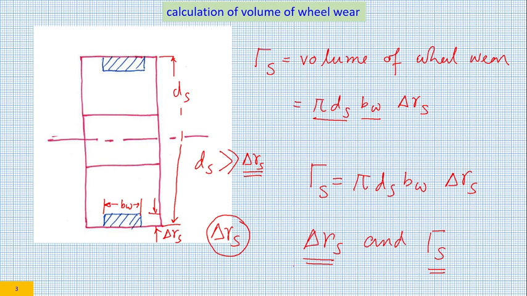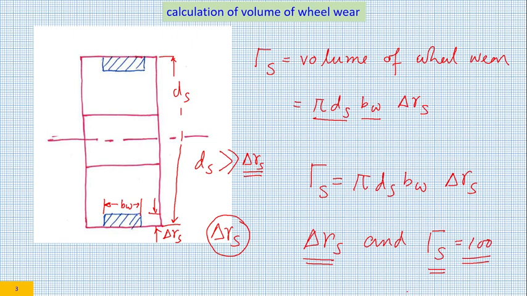Now we would try to quantify wheel wear with respect to how much was the volume of wheel wear when it removed some material. That means, say this particular value is 100. So after how much time this 100 was achieved?